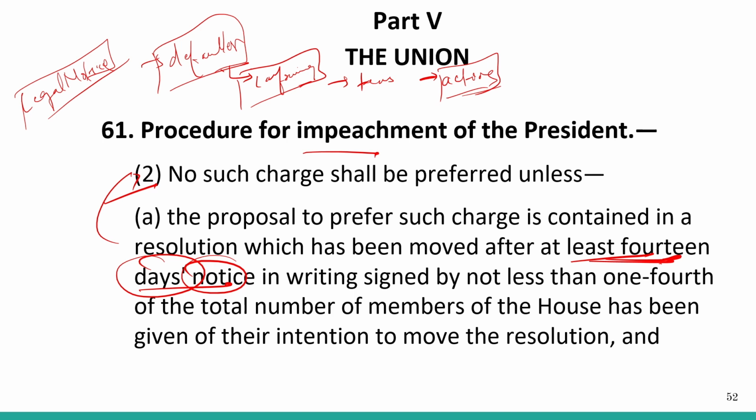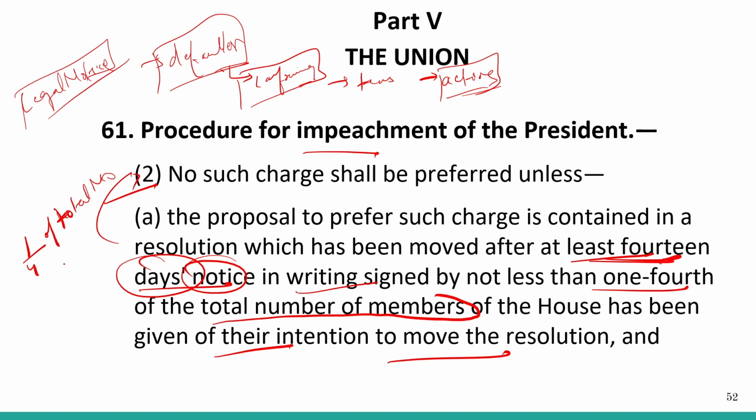If somebody wants to impeach the president and wants a 14 days notice sent to the president, it needs at least, in writing, 1/4 signatures of the total number of members of the house with their intention to move this resolution. So 1/4 of the total number.